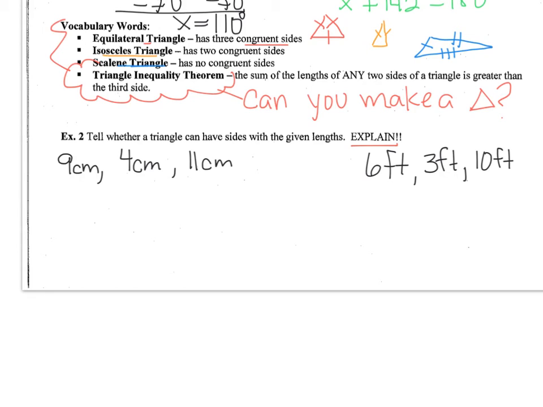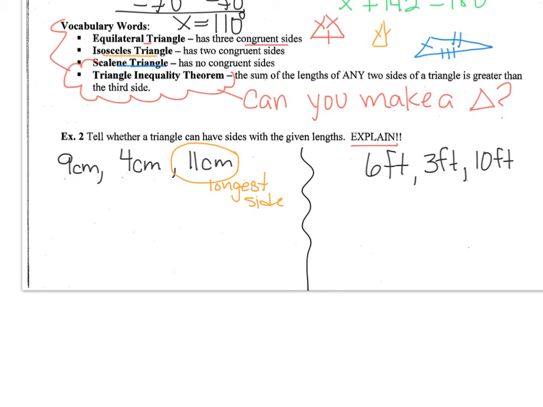Okay, go ahead and pause the video so you can jot down our two examples so we can talk about this triangle inequality theorem. So first, I'm going to circle the longest side, because 11 is longer than 4 and it is longer than 9. So that is my longest side.